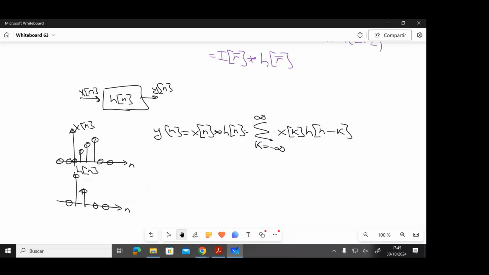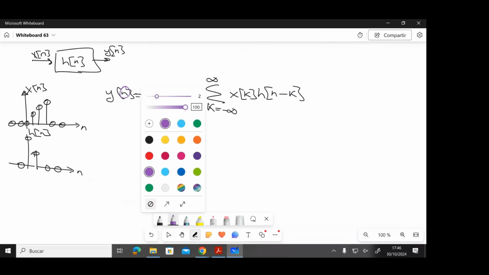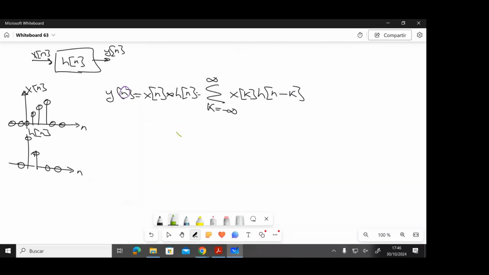Okay, so fix a given n. So look for one particular n. Okay, so I have to construct x of k. So x of k is the same as this x of n, only that I have to change the name to k.